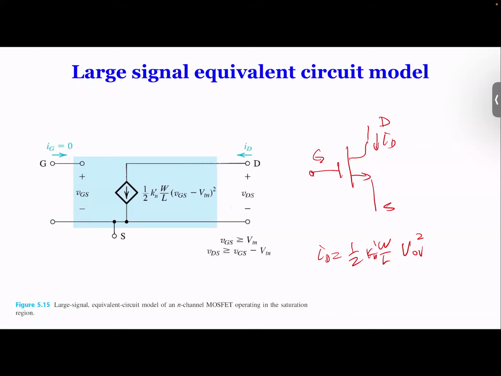This current is only determined by VOV, which means for any MOSFET, if we are given VOV, our ID is going to be constant in the saturation region. Let me also write down what VOV is: VGS minus VTN, and again, that is for NMOS.